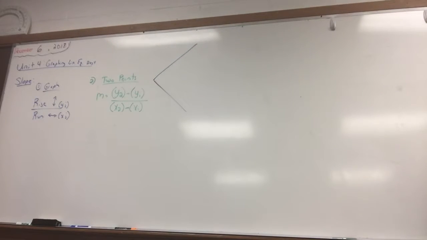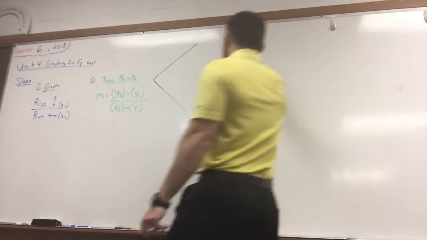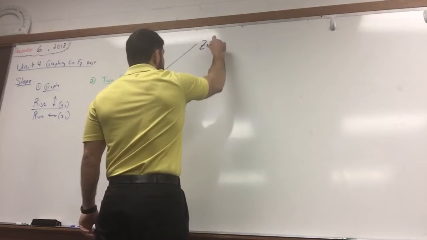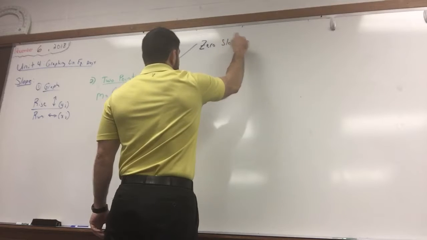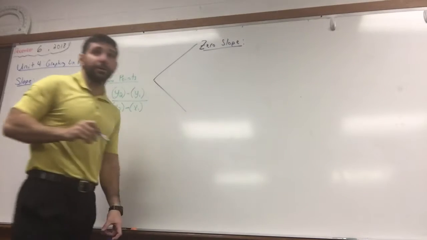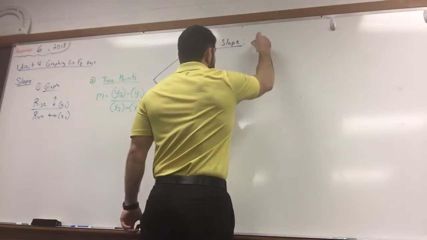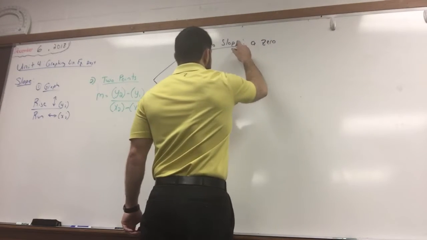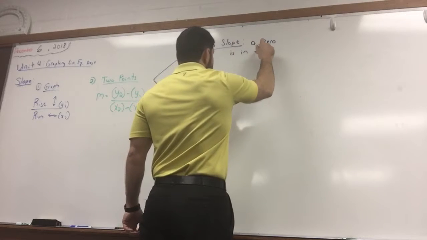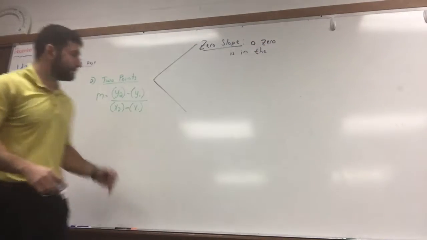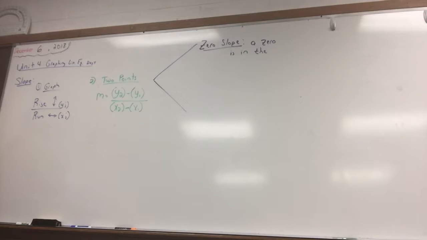Well, 2 things that we're going to add on to this slope. What 2 types of slope did we not see yesterday? 0 and undefined. So, for 0 slope, a 0 is in which place? Is it going to be in the numerator or the denominator?